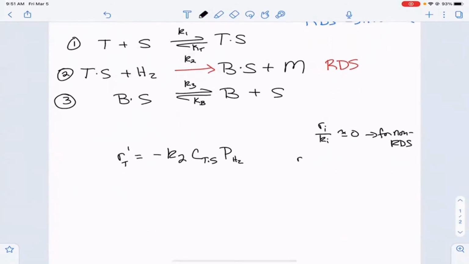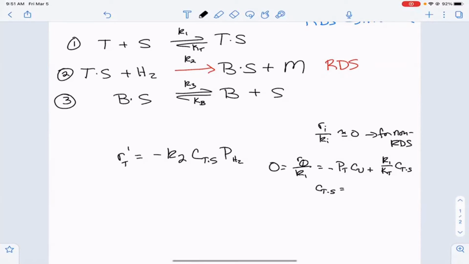And so we know that r1 over k1 is equal to minus the pressure of toluene times the number of vacant sites plus 1 over KT times the concentration of T on the surface. And that's equal to 0. And so now we can easily solve for this, right?